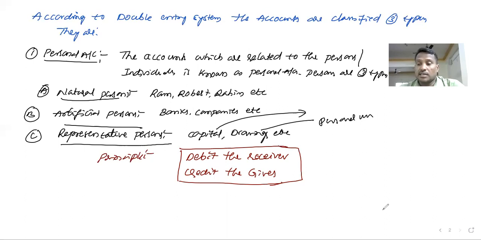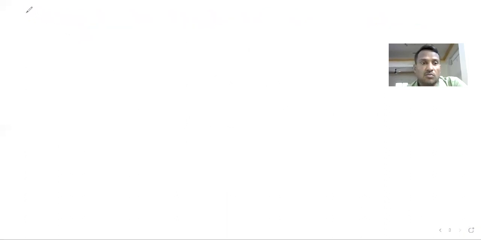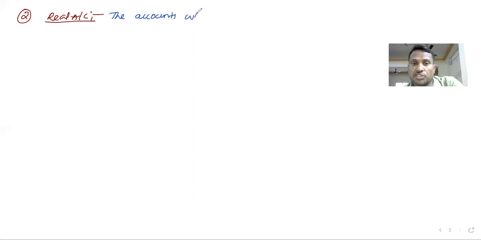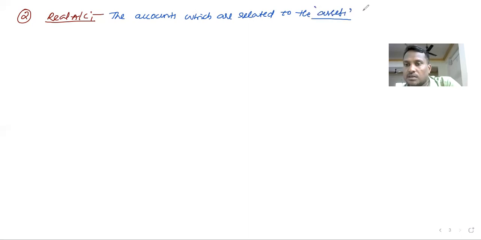Let's move to the second account here, the real account. The next account according to the double entry system is the real account. What is the meaning of real account here? The accounts which are related to the assets are known as real accounts.